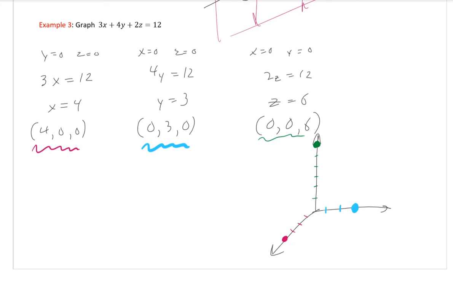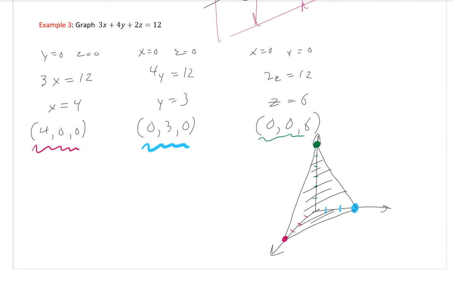And then what I do, I connect them, just like I did before. But now I'm creating this triangle plane. Anything within this triangle or on this triangle itself would be a solution set for 3x plus 4y plus 2z equals 12. It's not just these three numbers or the numbers on these lines. It could also be the numbers in this plane.